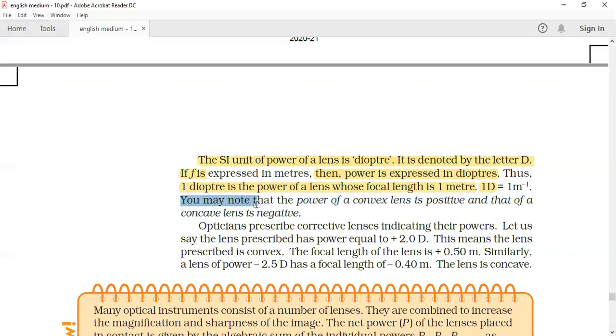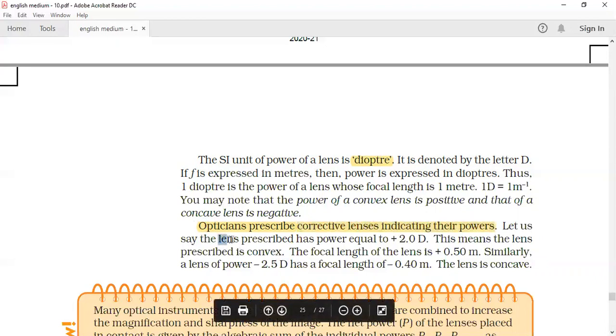You may note that the power of a convex lens is positive and that of a concave lens is negative. Friends, in the exam, the unit you write here is the dioptre. Opticians prepare corrective lenses indicating their powers.